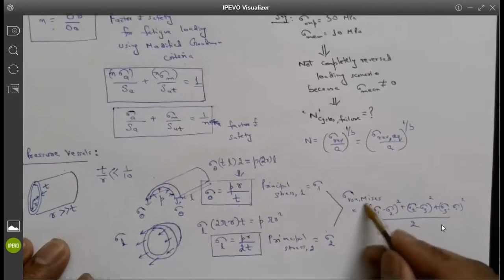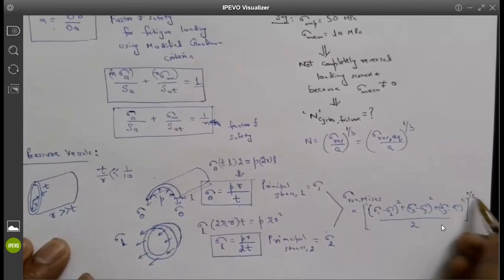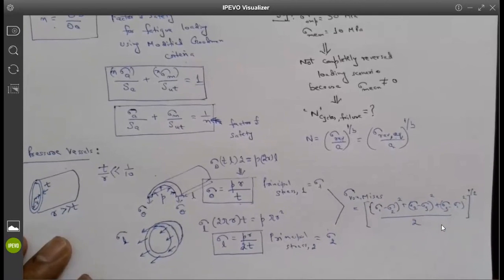And here, what is sigma 3, by the way? Just give it a thought: what will be sigma 3 in this scenario?